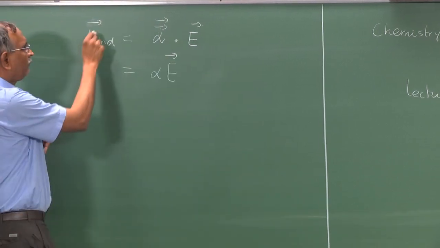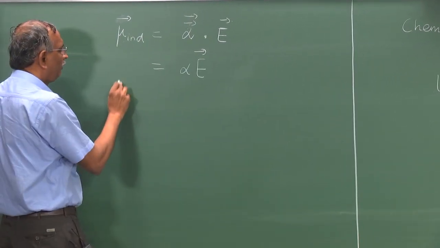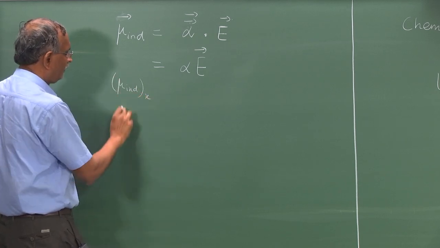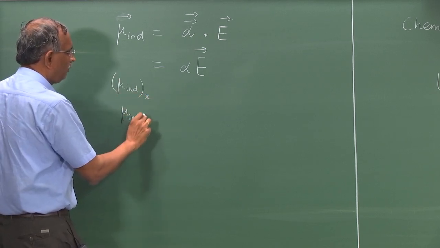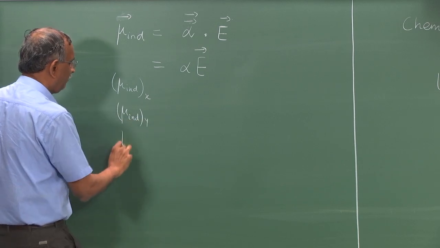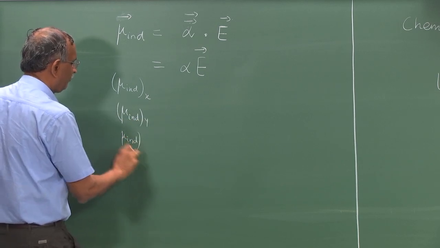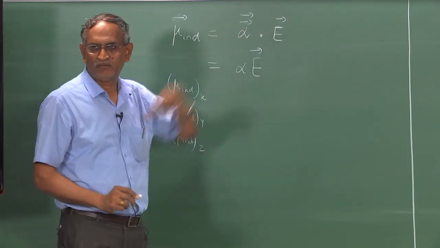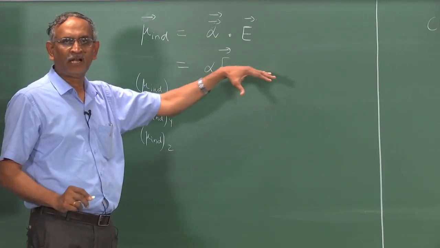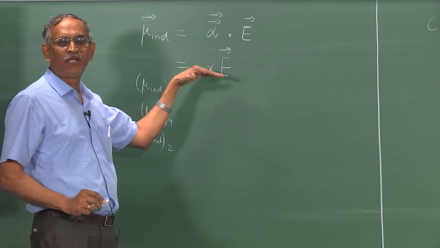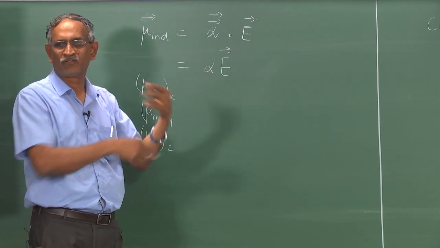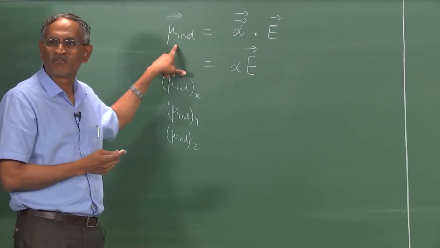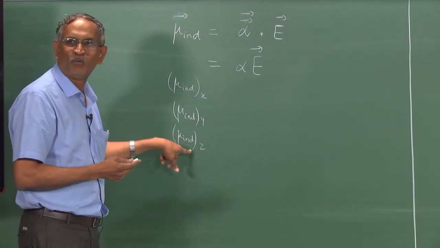Exactly how do we write? This is a vector, therefore you have three components: mu induced X, then mu induced Y, and mu induced Z in the axis system, which defines also the electric field. If the electric field is in the Z direction, then in a plane perpendicular to the Z direction is where the x and y axes are, and with respect to that axis system the mu induced is a vector, therefore it has 3 coordinates.